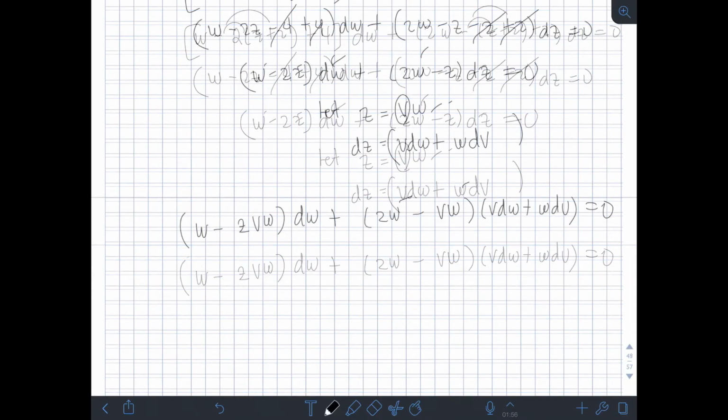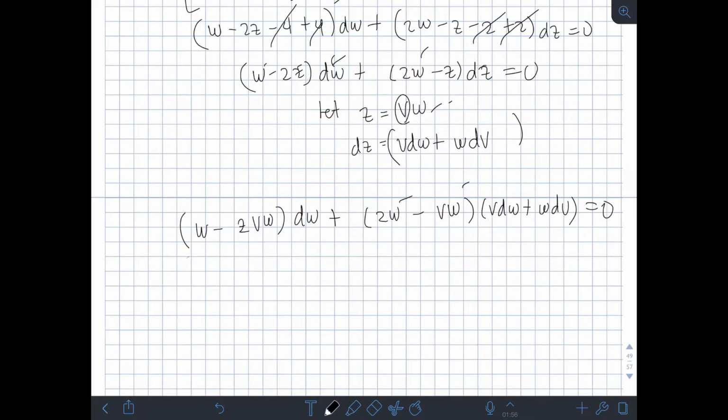Okay? So, pwede natin i-factor out dito si w. So, w times 1 minus 2v dw plus dito rin, factor out si w, we have w times quantity 2 minus v multiplied by vdw plus wdv equal 0.